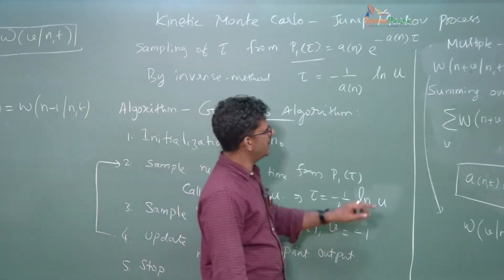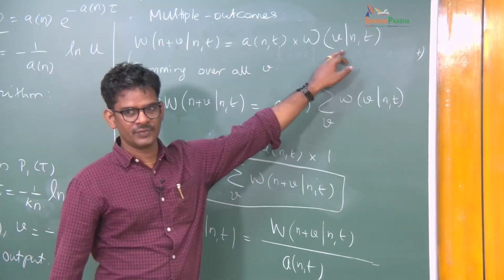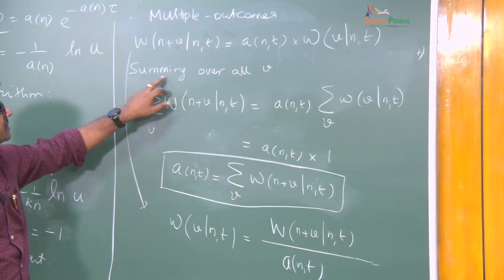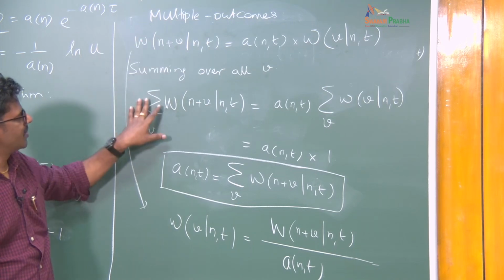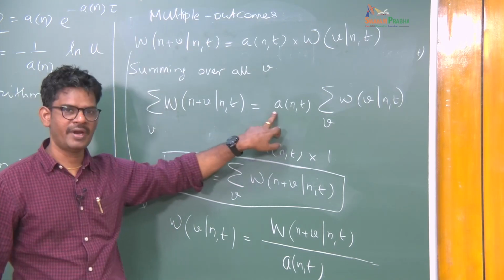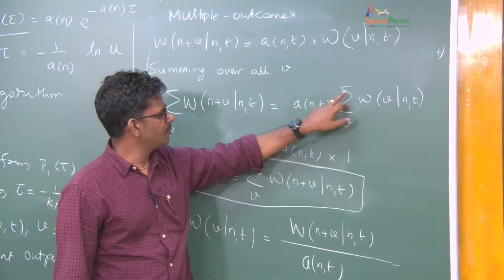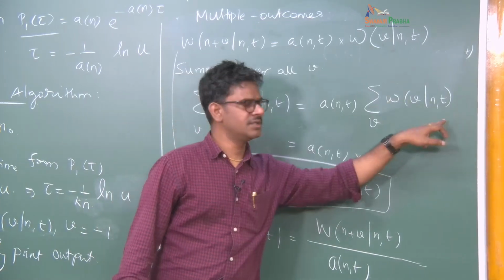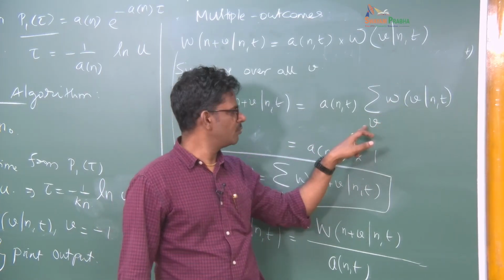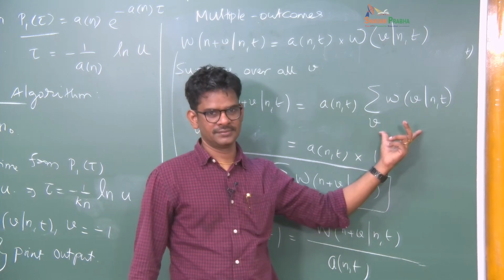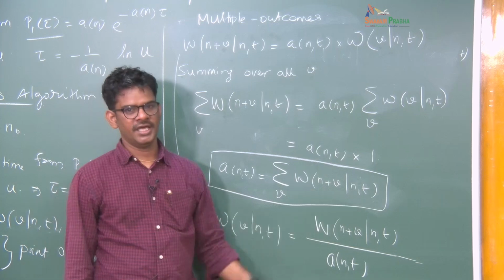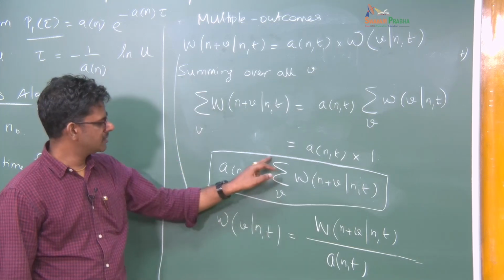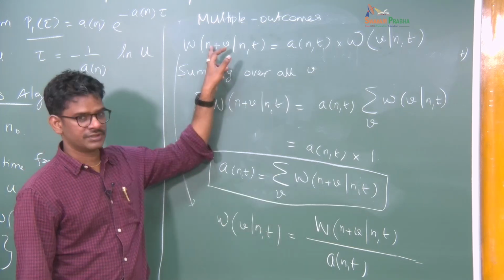So now we go to the definition, and I'm summing over all possible nu. This W is summed over nu, A is independent of nu. Remember, this is a distribution function for nu. When I sum over all possible nu, this becomes 1. That essentially means that this A of n comma t is nothing but the sum over all possible nu of this function.